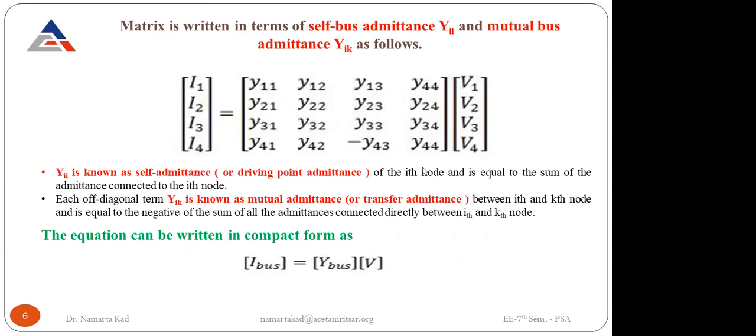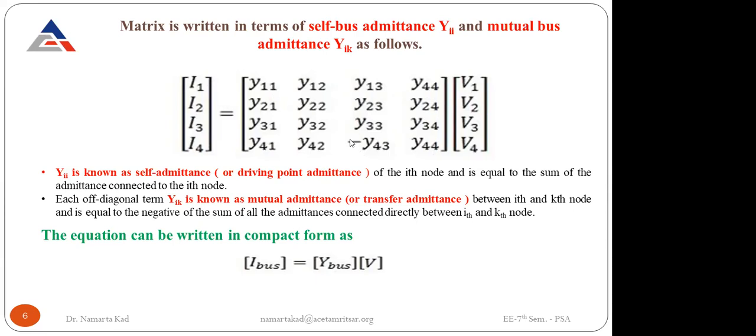Now the matrix is written in the form of self bus admittances, that is Yii, and mutual bus admittances, that is Yik. Here i is one bus and k is the other bus. So it can be simply written as Y11, Y12, Y13, Y14. Here is a correction: it is Y14.